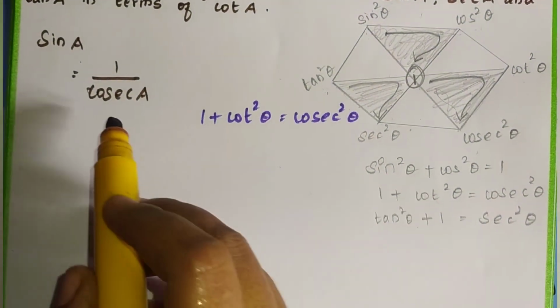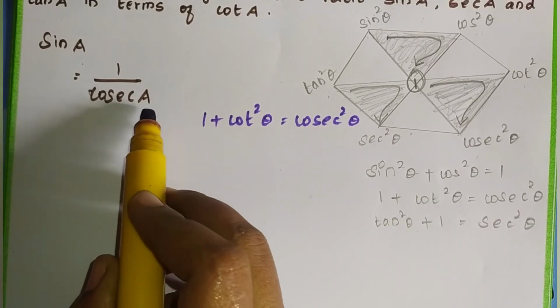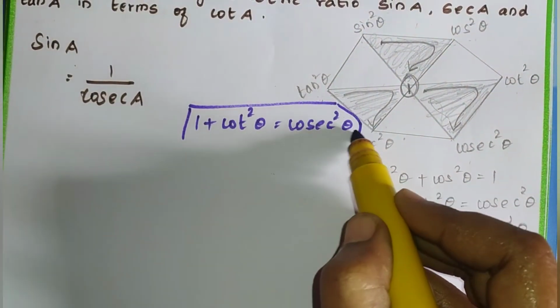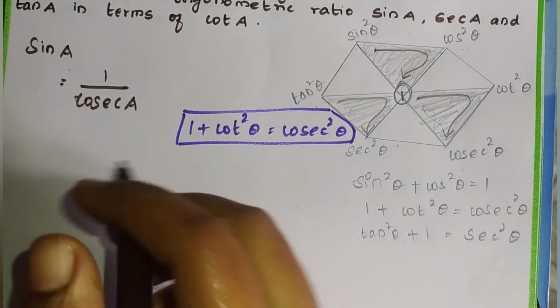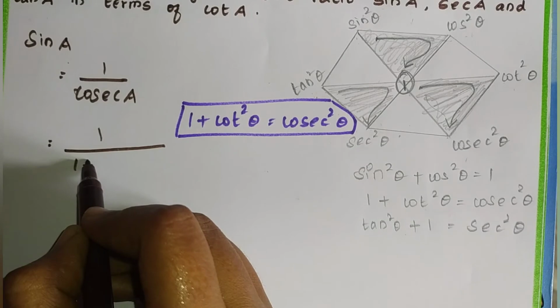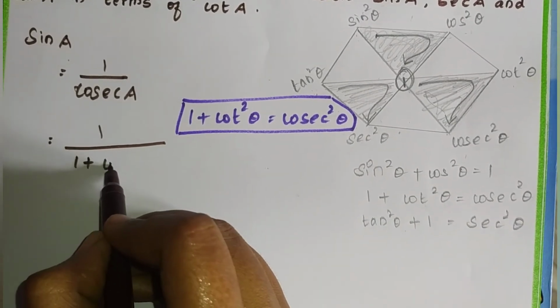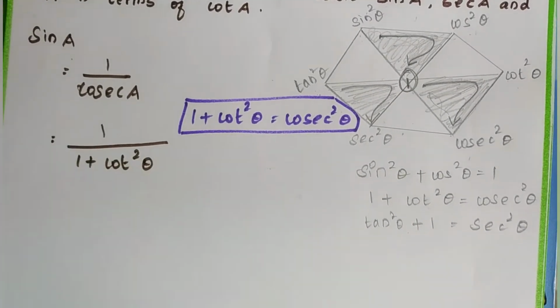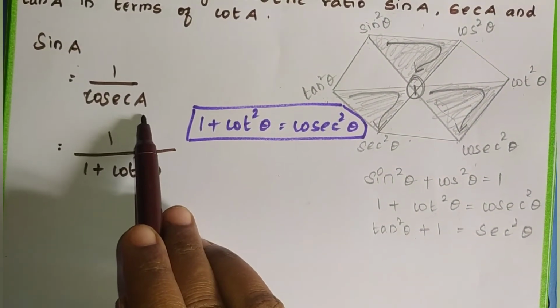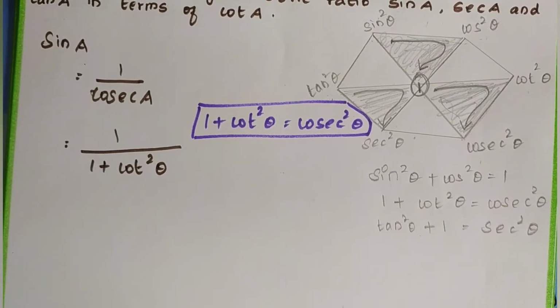So here we have cosecant theta only. First write 1 divided by 1 plus cot square theta. Here we have cosecant A only, not cosecant square A.